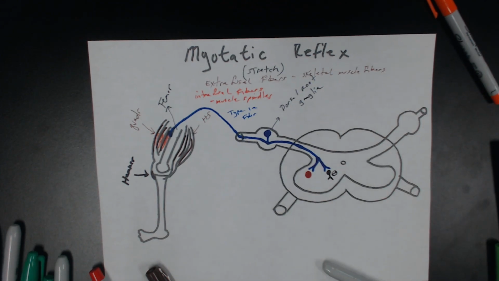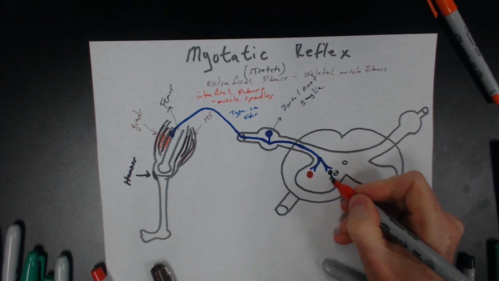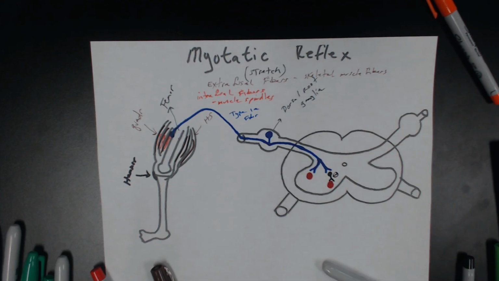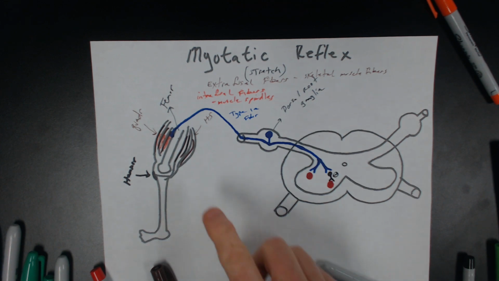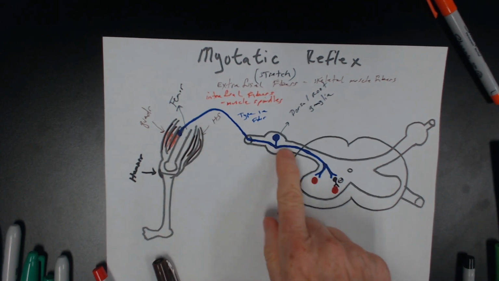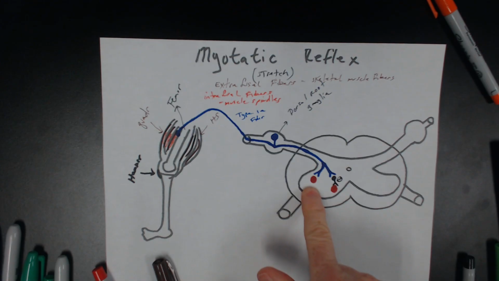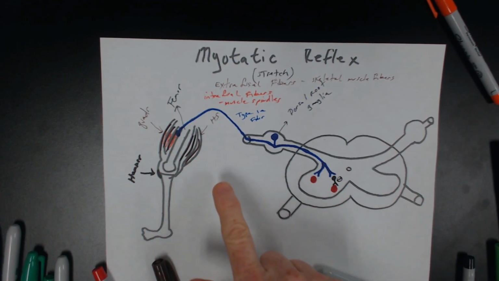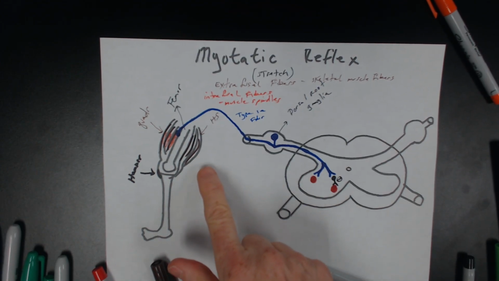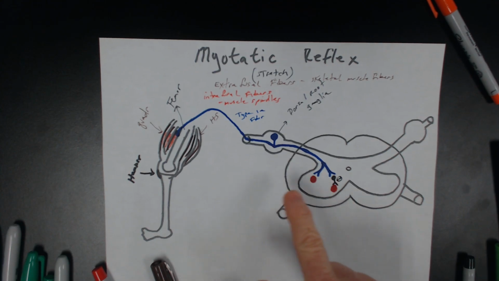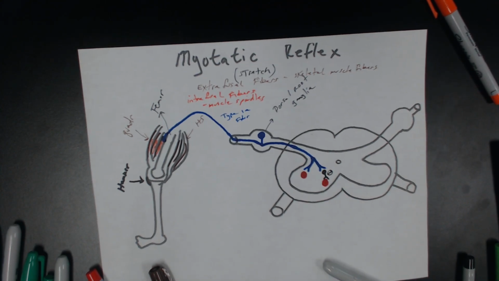So I'll represent that as a minus sign, and that's hooked up with another alpha motor neuron, the lower motor neuron. Okay, so the direct tendon tap is going to be stimulatory to one set of muscles directly, either the quads or the hamstrings, and it's going to be inhibitory to the other set, to the antagonist.